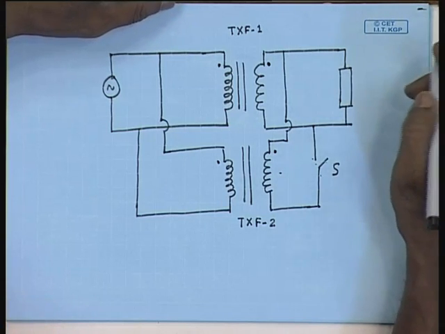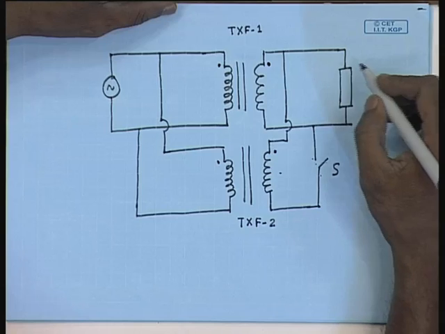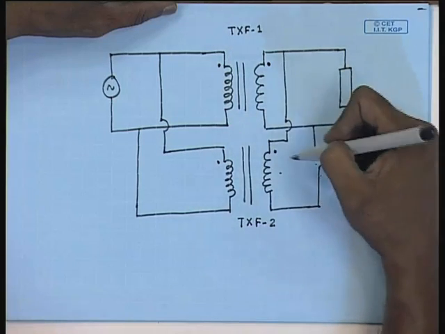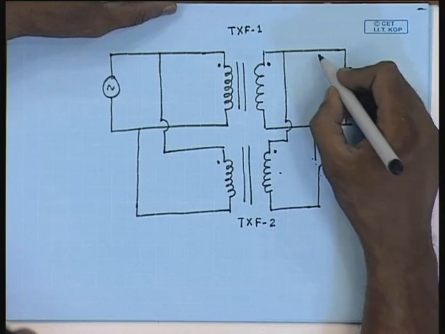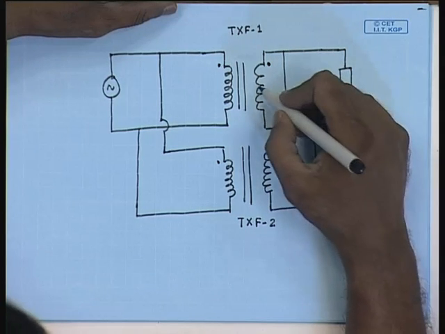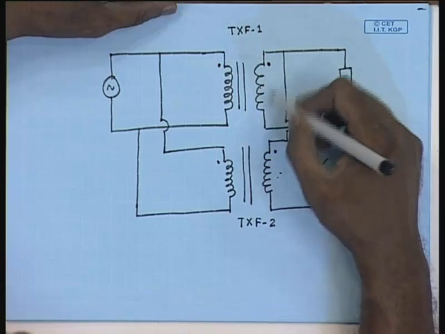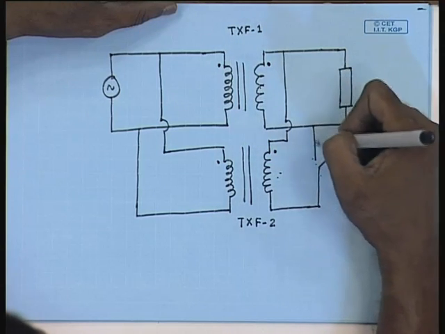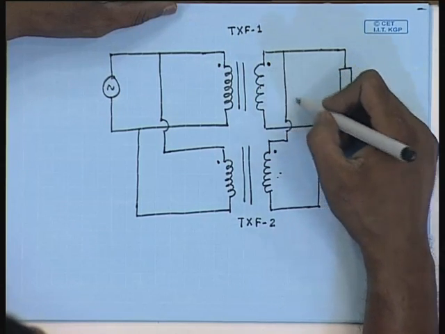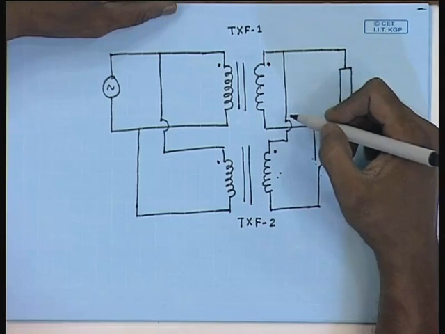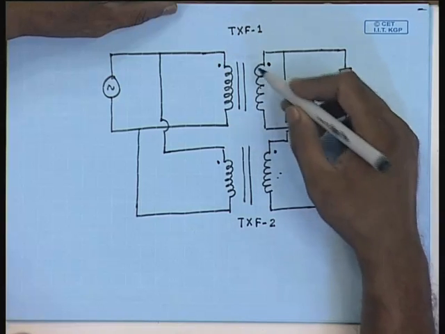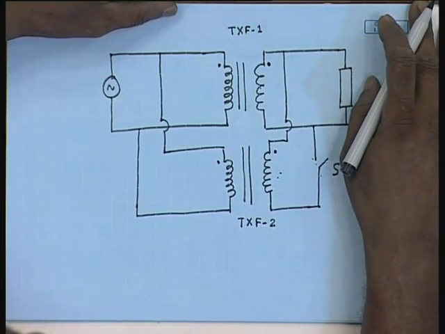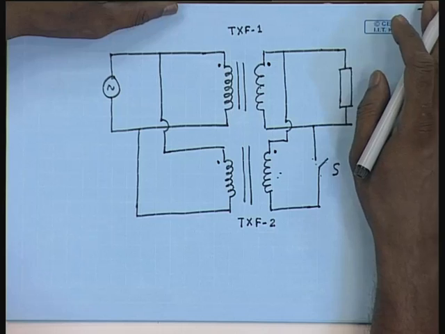Obviously, one can appreciate that the no load voltages of the transformers should not be very different, for the same reason. Even if we assume that there is no load and the transformer secondary no load voltages are different, then when we close the switch there will be a circulating current flowing through the secondaries, which will be limited only by the series impedance of the transformers, which we have seen is small, typically within 5 to 10%.